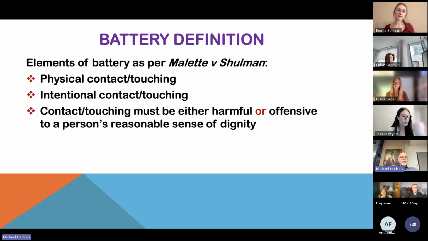Okay, and that brings us to the third element. You folks were nicely considering things like, you told me it's either harmful or offensive to a person's reasonable sense of dignity, but you are a very bright group and you said, well, we need more information. Just what constitutes harmful contact? And what does it mean for it to be offensive to a reasonable sense of dignity?